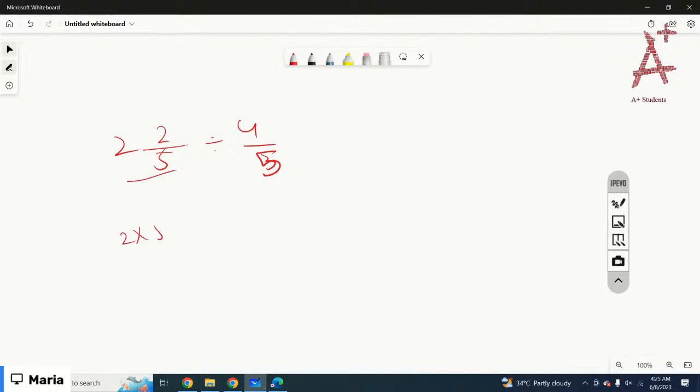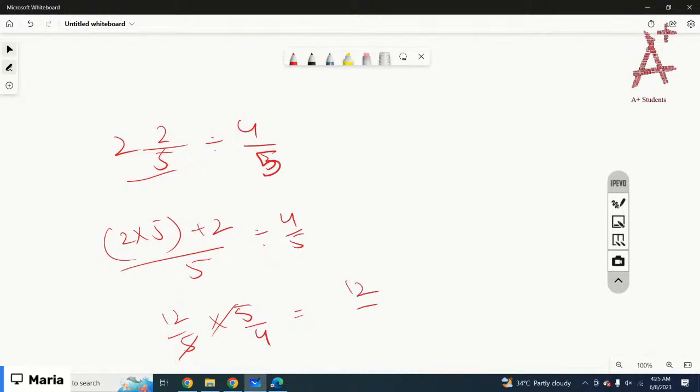So it would be 2 times 5 plus 2 over 5. 2 times 5 is 10, so 12 over 5. You have to convert the division sign to multiplication and take the reciprocal of this fraction, so it would be 5 over 4. Got it? 5 times 1 is 5 and 12 divided by 4 is 3. So it would be 3. Got it?